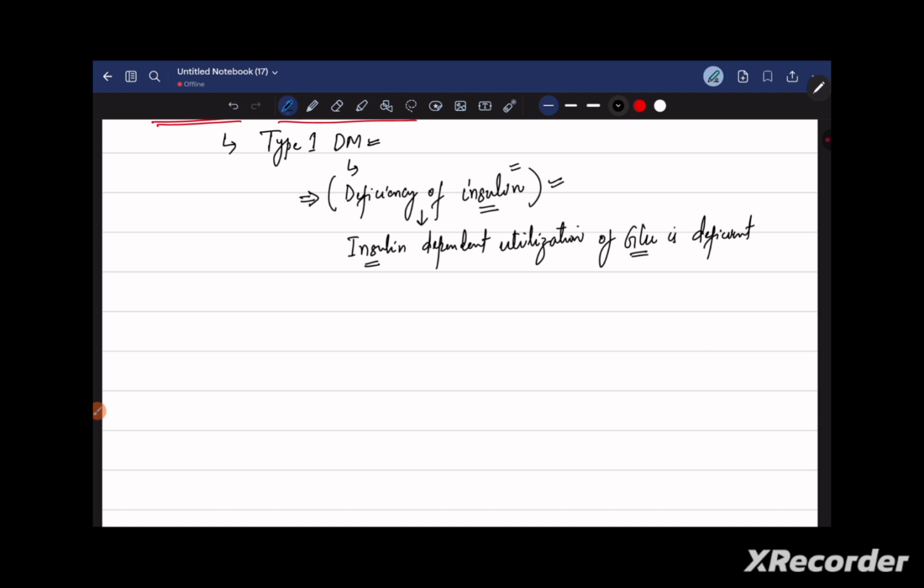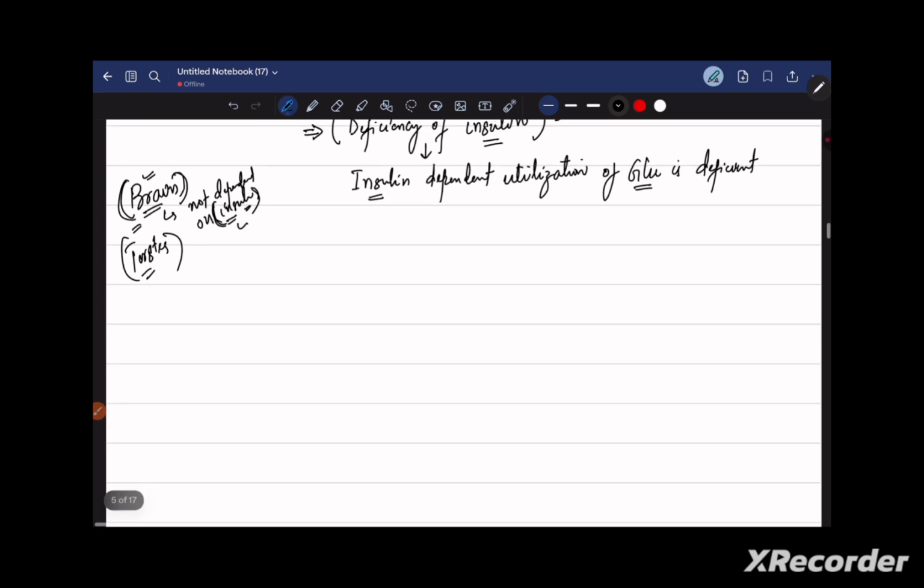In the brain, the utilization and uptake of glucose is not dependent on insulin. In diabetic patients, when there is a deficiency of insulin, the brain can still utilize the glucose present in the body irrespective of the absence of insulin. Similarly, the testes can utilize glucose without insulin.